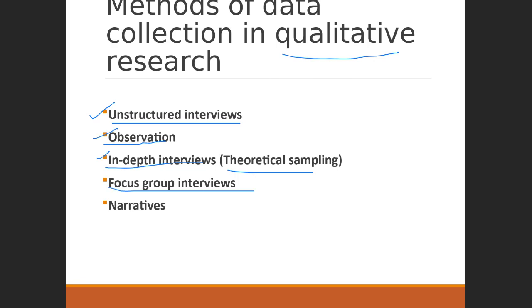Focus group interviews can also be used by the researcher. Focus groups typically consist of 8 to 10 members with a moderator. The moderator is a researcher leading the discussions on a particular topic or a concept. Members are generally chosen on the basis of their familiarity with the topic on which information is sought.